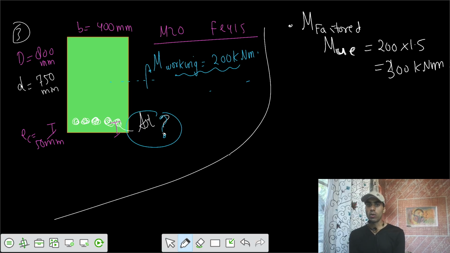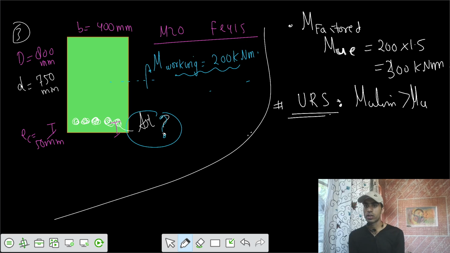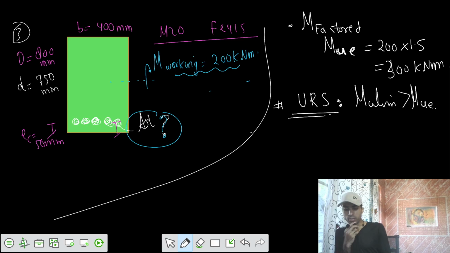Now I want an under reinforced section. For that I want to ensure that my limiting moment is greater than the factored external bending moment applied.